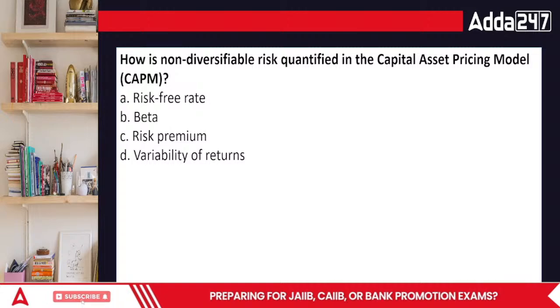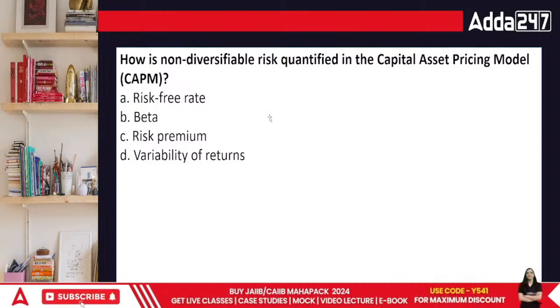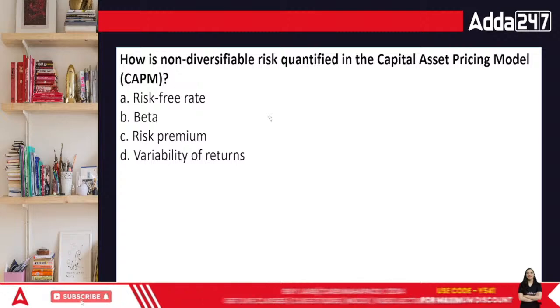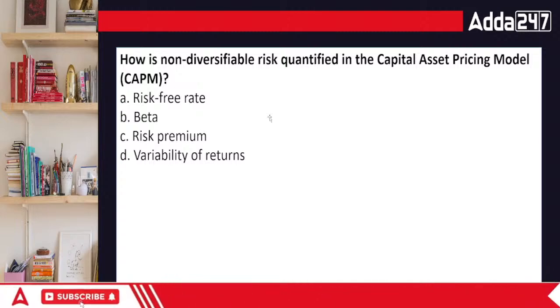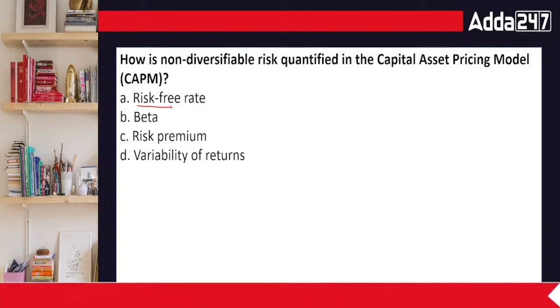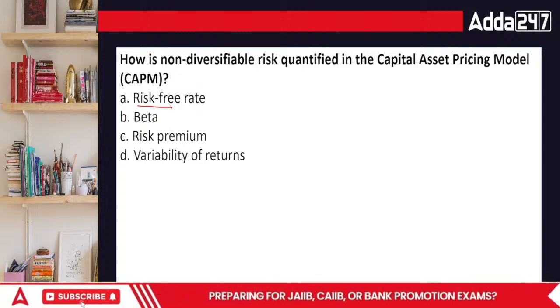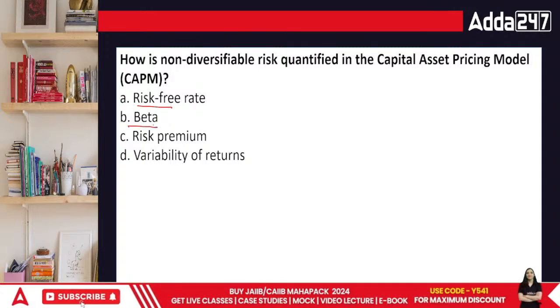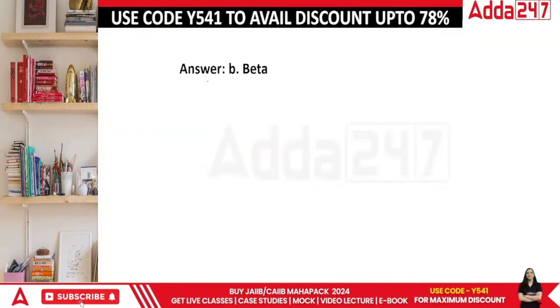These are all the elements of the CAPM model, isn't it? We talk about the risk-free rate, beta, risk premium, and variability of returns. You remember this part? Risk-free rate, then we have the beta, then we have the risk premium, and then we have the variability of returns. In this case, the answer is beta, everyone. The answer is beta.